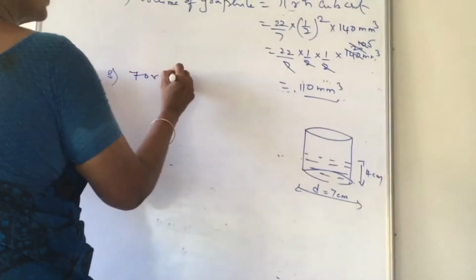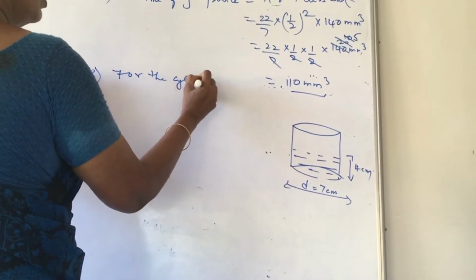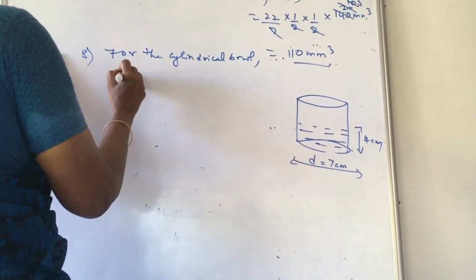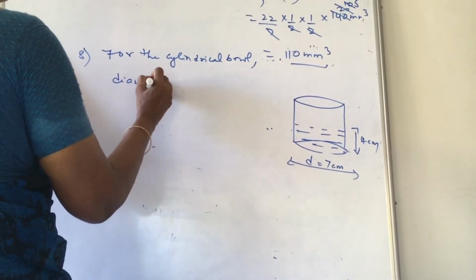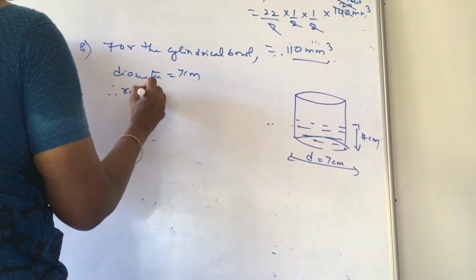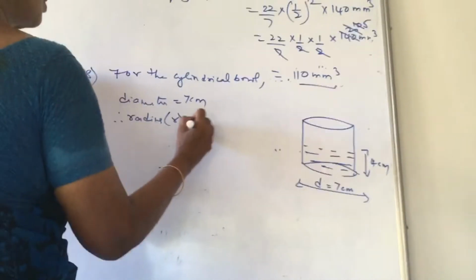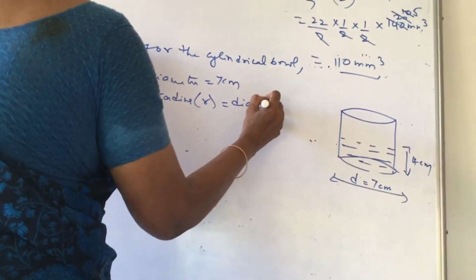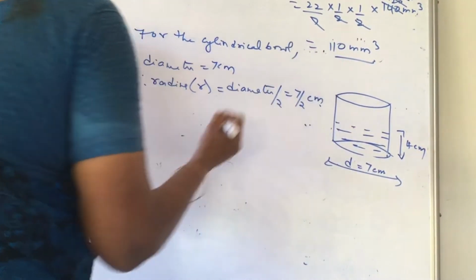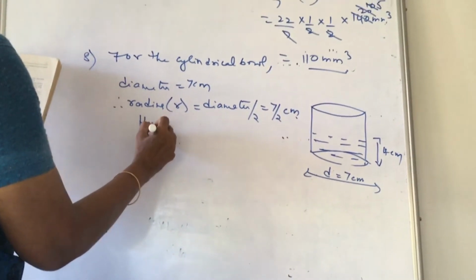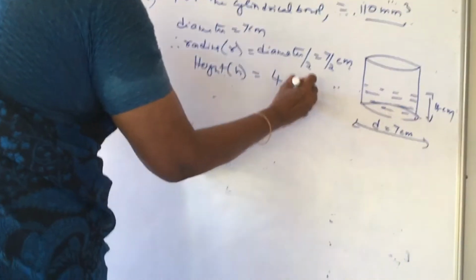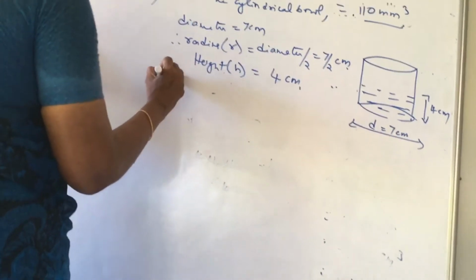For the cylindrical bowl, what are you given? Diameter is 7 centimeters. Therefore, radius r is equal to diameter by 2, which is 7 by 2 centimeters. The height of the liquid in the vessel is 4 centimeters. Volume of soup.